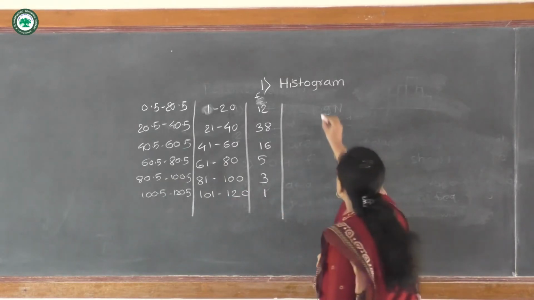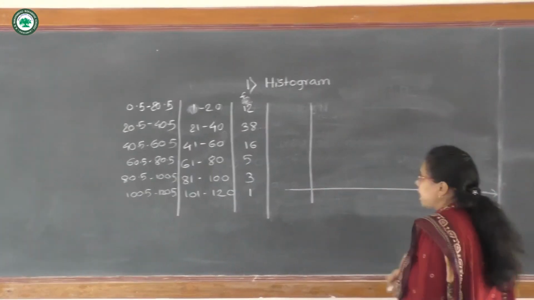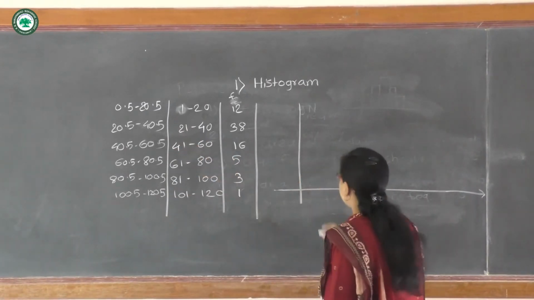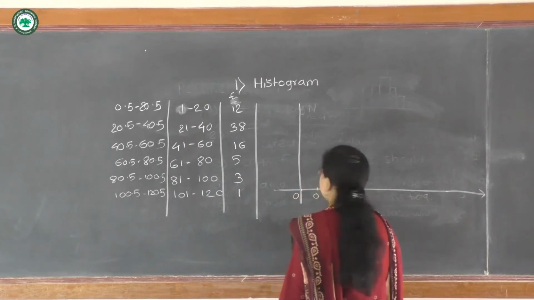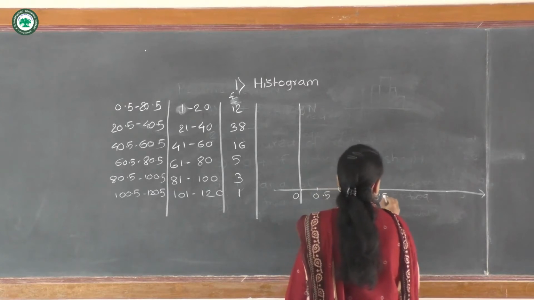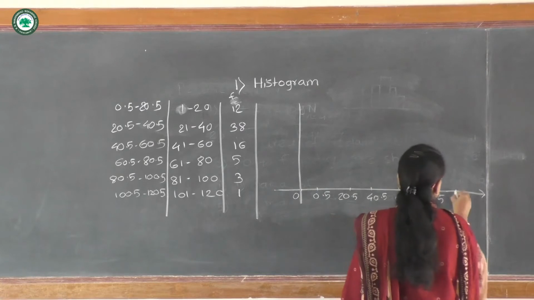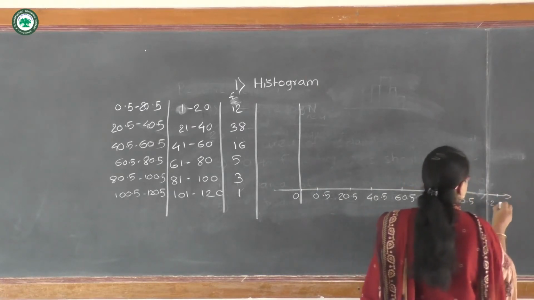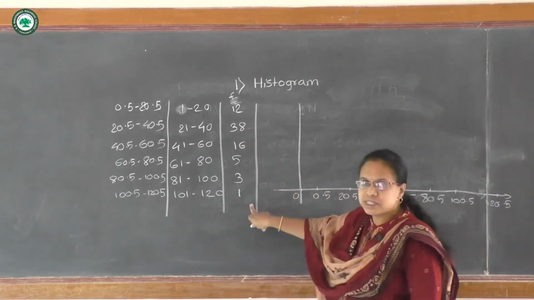Now we are going to draw the histogram. On the x-axis we have to take these classes, they are extended type classes, and on the y-axis we have to take these frequencies.